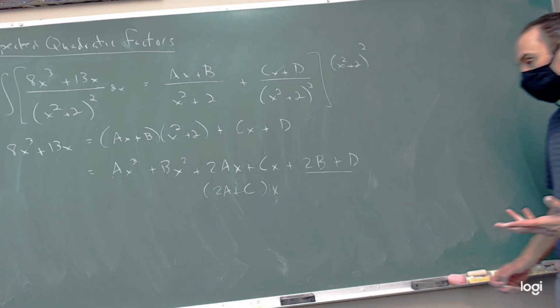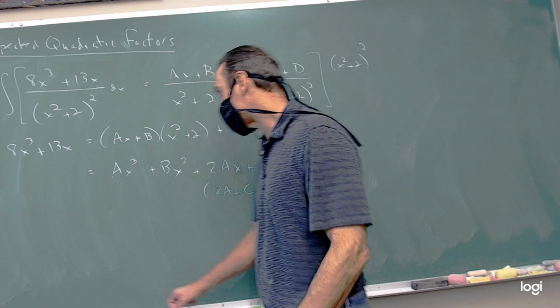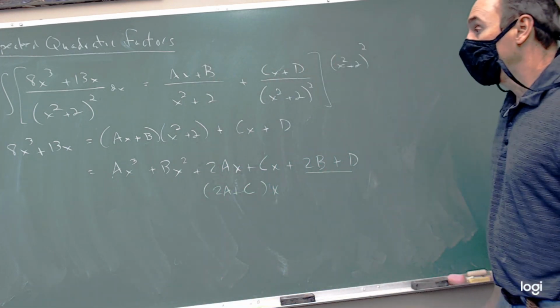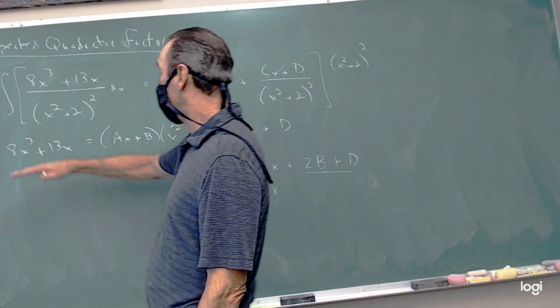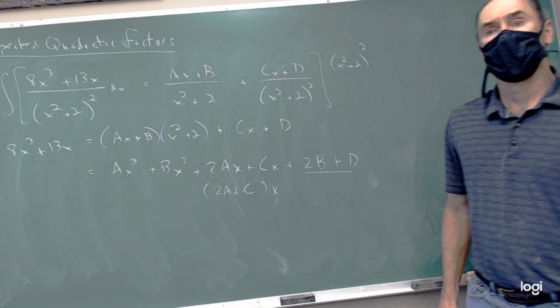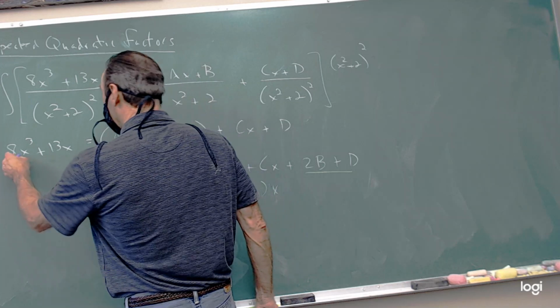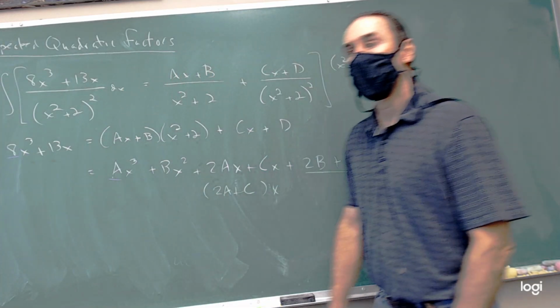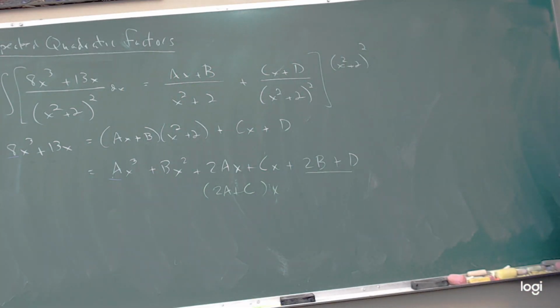So as we look at the left and the right sides, the only way this is going to be really equal is if the coefficients of like terms are equal to each other. So the coefficient of the cube term here must equal the coefficient of the cube term on the right side.